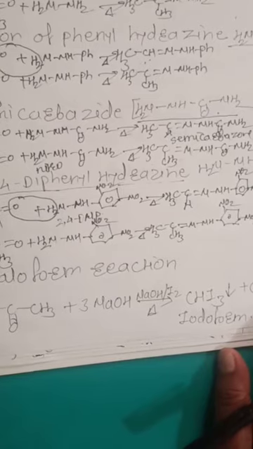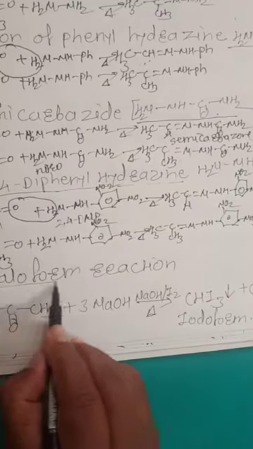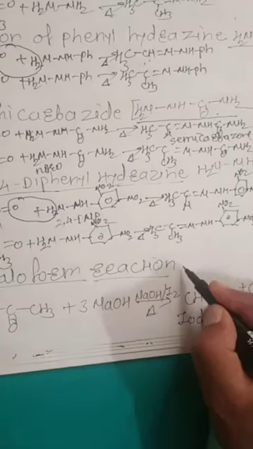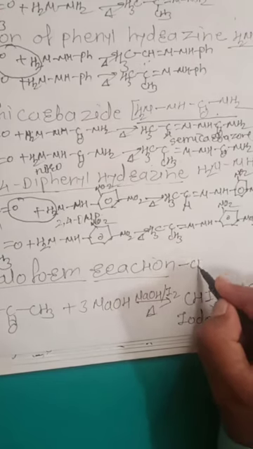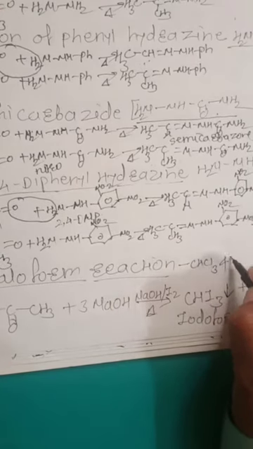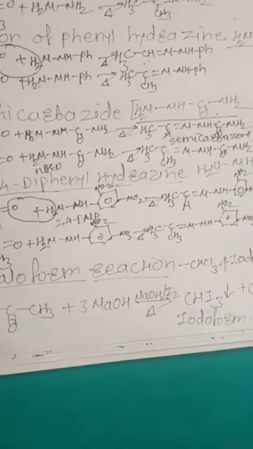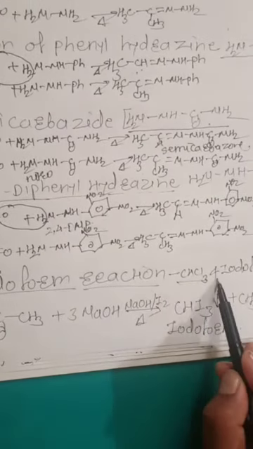So this is about action of ammonia and ammonia derivatives. Next reaction is haloform reaction. So formation of haloform like chloroform and iodoform takes place by using this reaction. So formation of chloroform and iodoform occurs.